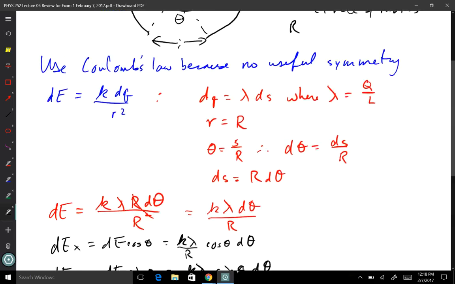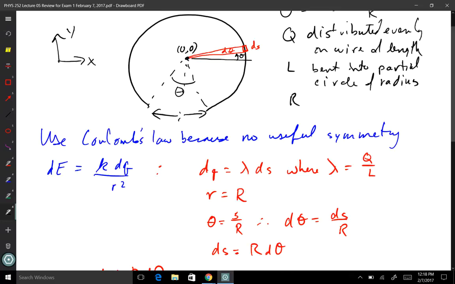What are my limits of integration? I have to work with the definition of theta that I started with, which probably wasn't the best choice when it comes to these limits, but it is what it is.